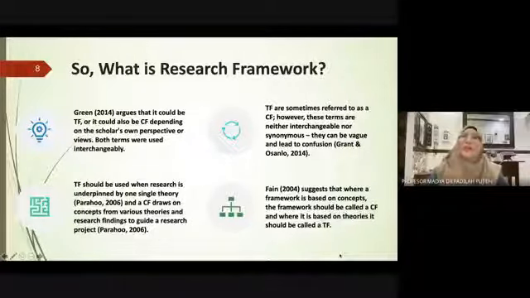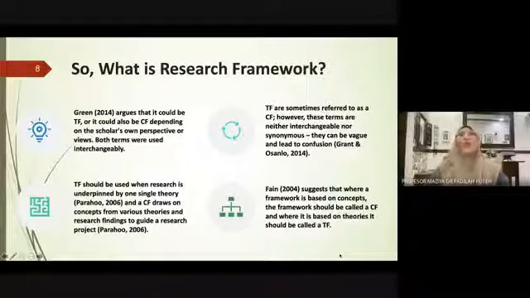So Grant and Osanloo said that some researchers sometimes use theoretical framework, sometimes conceptual framework, and none of this is actually interchangeable or synonymous. And then the last one, according to Fain in 2004, where a framework is based on concepts, it should be called a conceptual framework, and where it is based on theories, it should be called a theoretical framework.